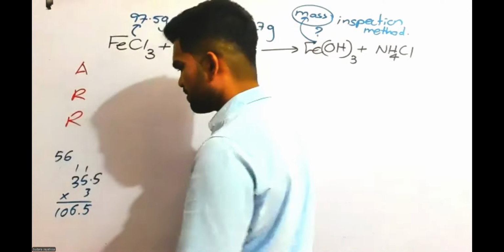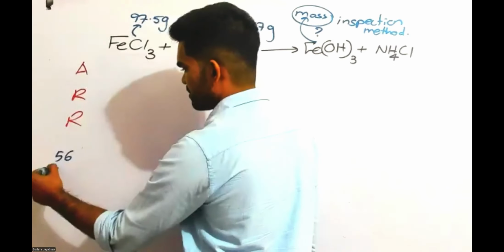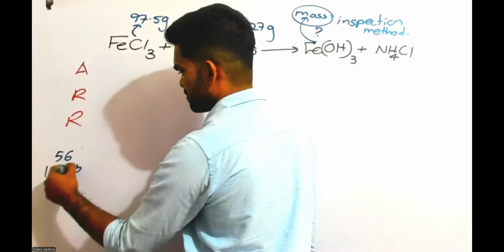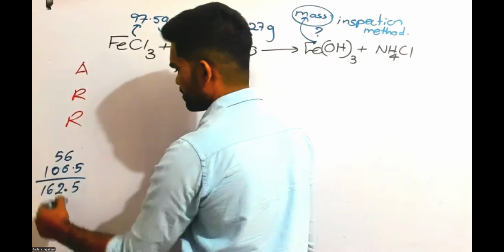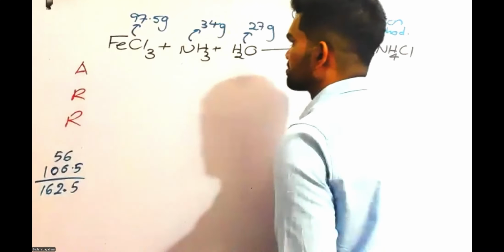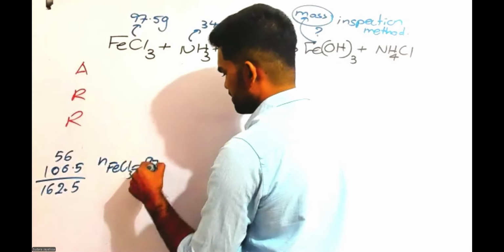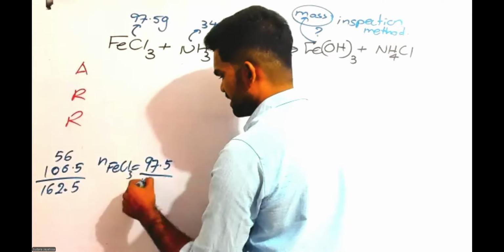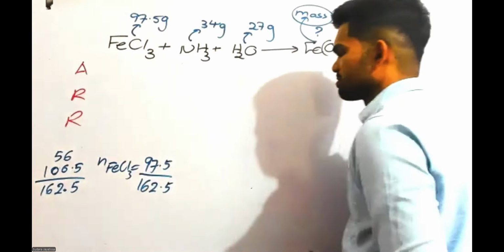So 106.5 plus 56, you will get 162.5. So let's divide: moles of FeCl3 is 97.5 divided by 162.5.